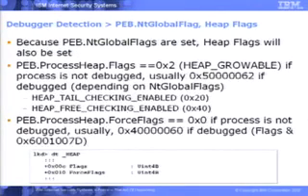But if the process is being debugged and NtGlobalFlag has a different value, the process heap flags will contain a value different from 2. So usually packers will check the NtGlobalFlag and also check the process heap flags or the process heap ForceFlags. It will check if Flags is 0 or ForceFlags is 0.